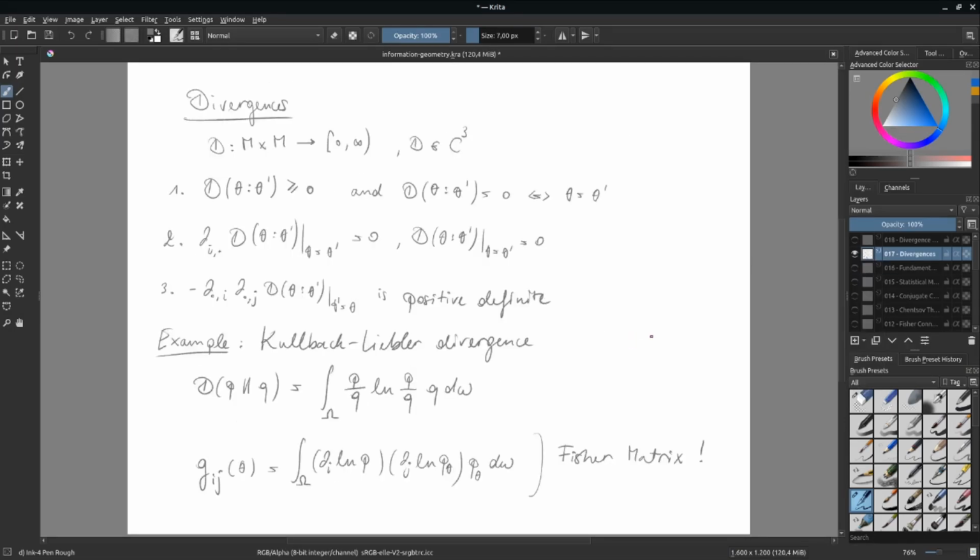But there's a more general notion of distance between probability distributions called divergence, which is very common in machine learning. We know the Kullback-Leibler divergence, and a divergence, at least in this context, is a function that takes two points on the manifold, so two sets of parameters, and returns a positive real number.